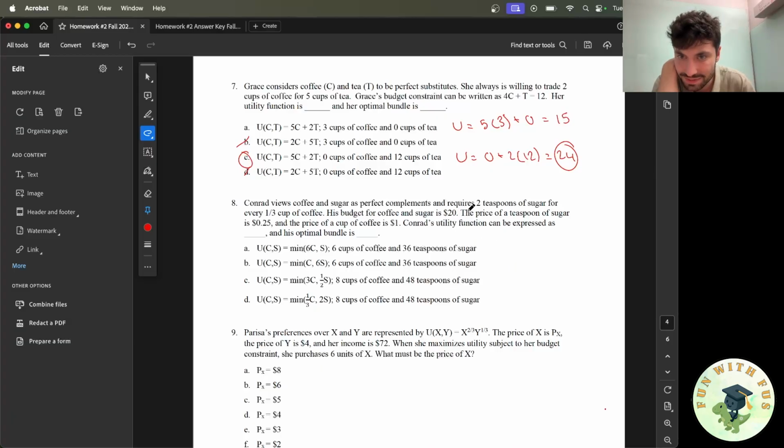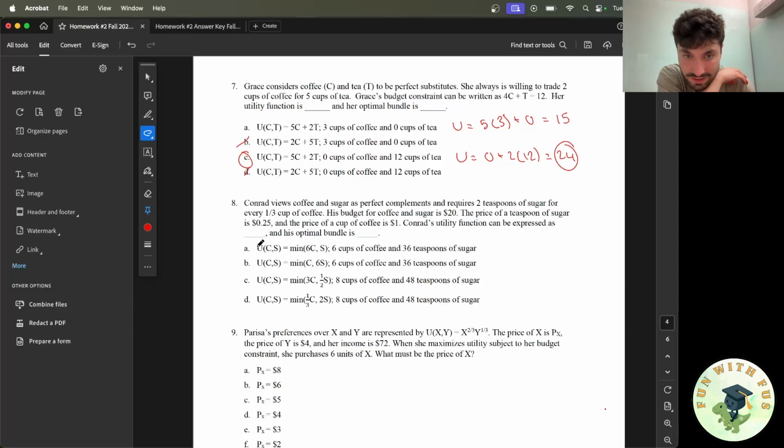So in this case, the 2 teaspoons of sugar for 1/3 cup of coffee. It's the same as last time. Our cup of coffee is worth way more. If 1/3 of a coffee is worth 2 teaspoons of sugar, then coffee is super good. So that would tell me that the coefficient on coffee, when I plug in 1 coffee here, compared to S is going to be way bigger.